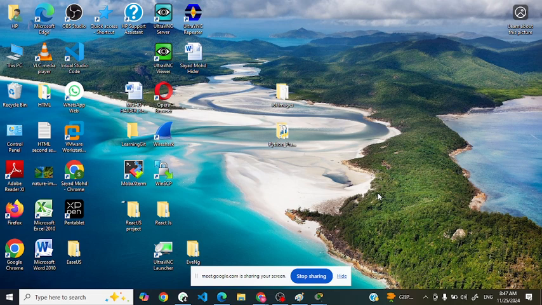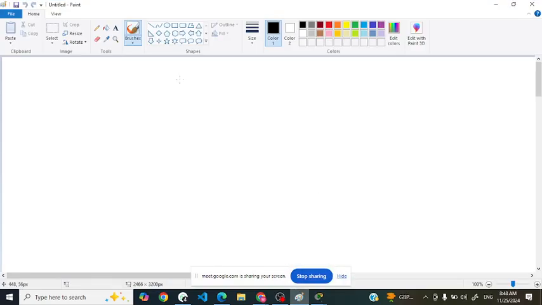Ravi Shankar, what will be the block size? 16, sir. 16.